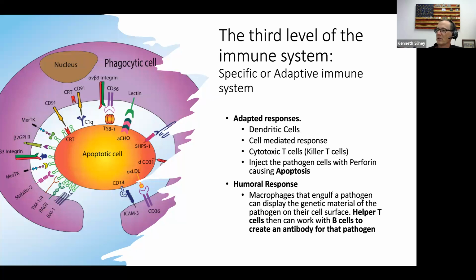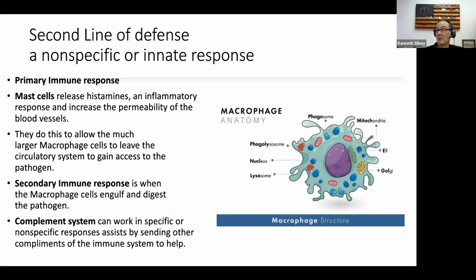So what do you have to know? You have to know that there's 3 levels. You have to know that the mast cells are what cause the inflammatory response. You have to know that the macrophages are what destroy the cells.